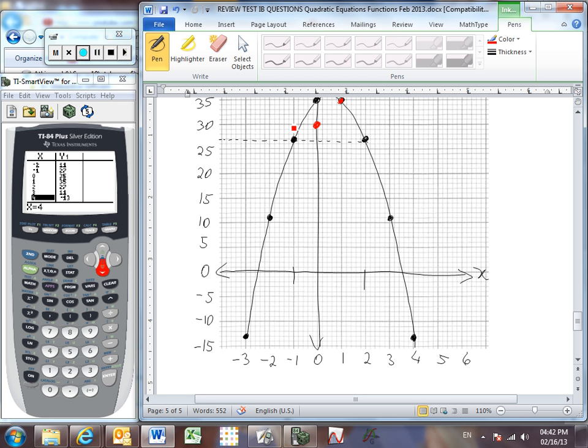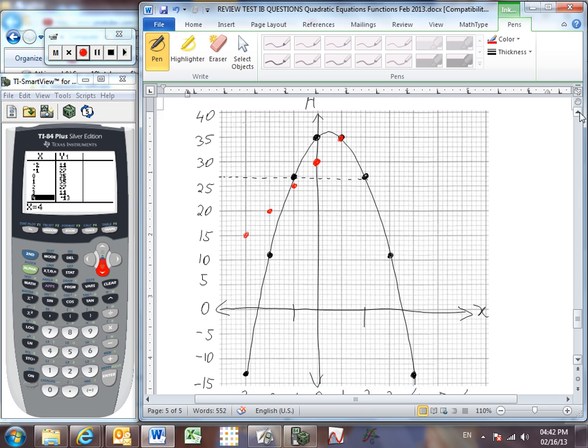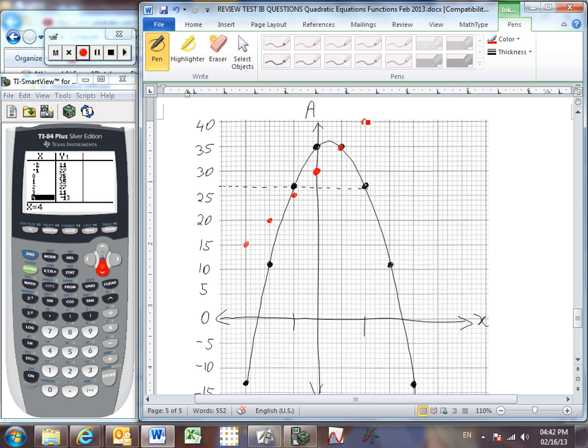Or if I go backwards 1 unit, then I've got to go down 5 units, which would be right there. And we can quickly draw our points, and then we can draw a line that goes through them, and we'll get something like this. Sorry, I should use a ruler, of course. If you don't have a ruler, just use the edge of your calculator or your ID card or something.